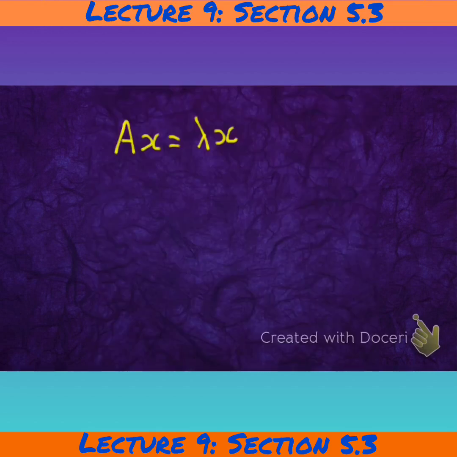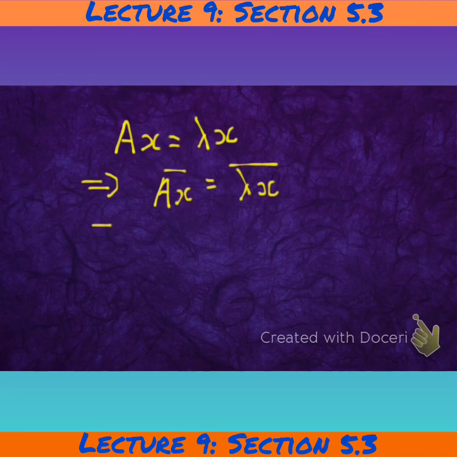Right, so if lambda is an eigenvalue and x is the corresponding eigenvector, then we can go and take conjugates on both sides. So we can take the conjugate of that, and we can take the conjugate of that, and the conjugate always distributes over a product of matrices.